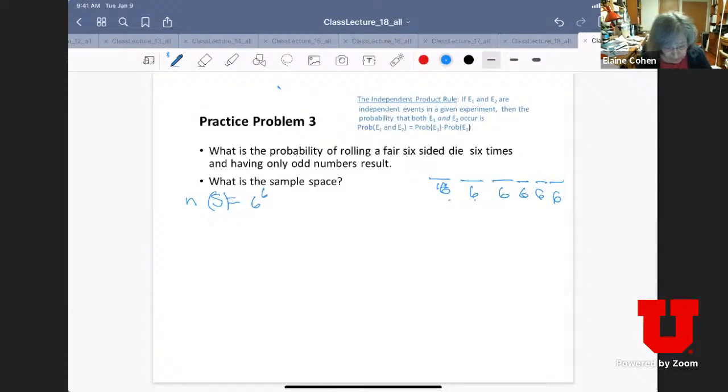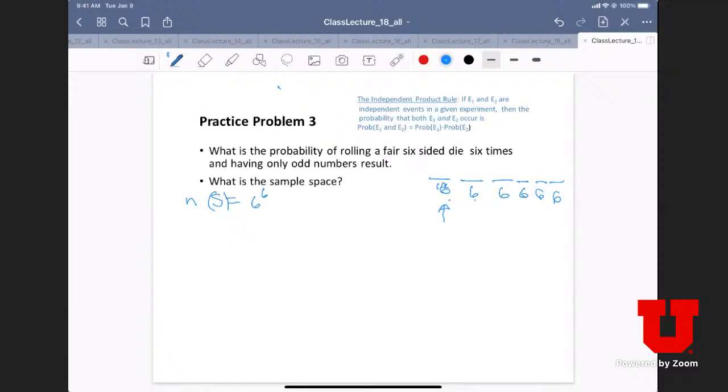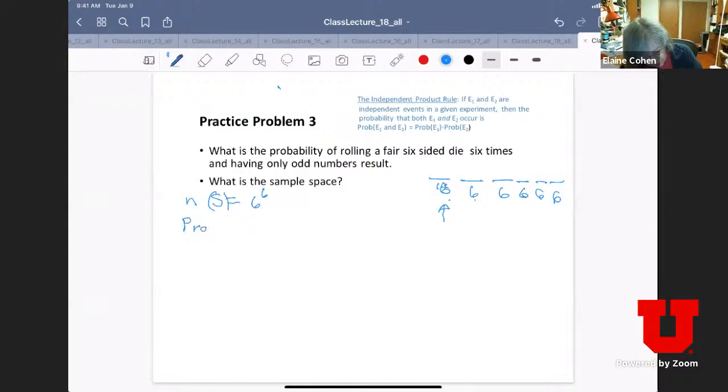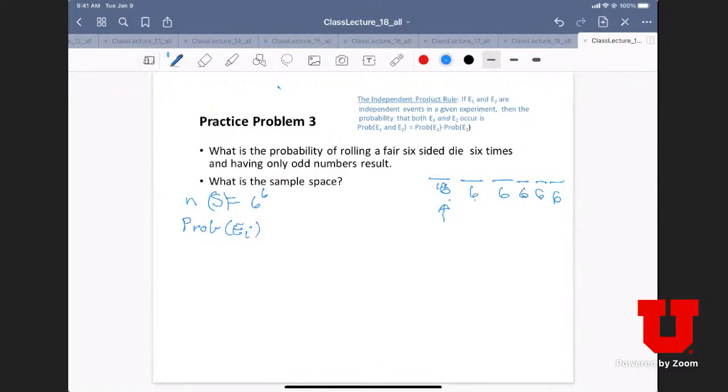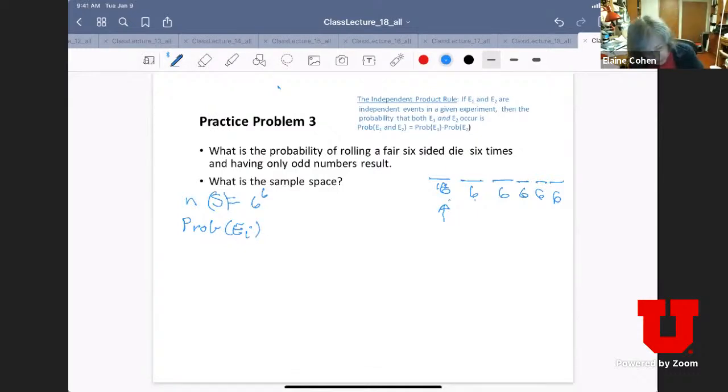Now, what's the probability of having only odd numbers result? So what's the probability of getting an odd number in the first slot? There are three odd numbers, so there's 50%. So the probability of Ei, the event of rolling an odd number on the ith roll, is equal to a half.